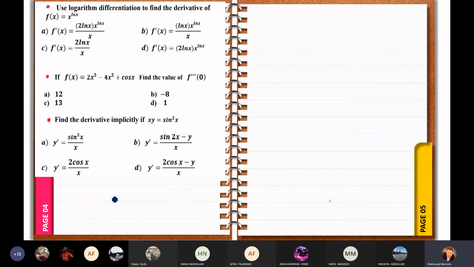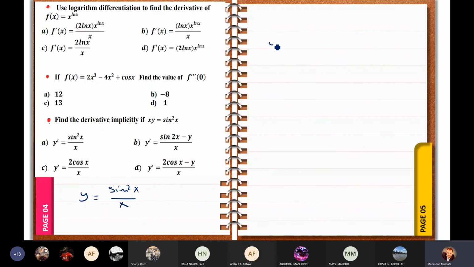Okay, in a hurry, y we said is equal to sine squared x over x.